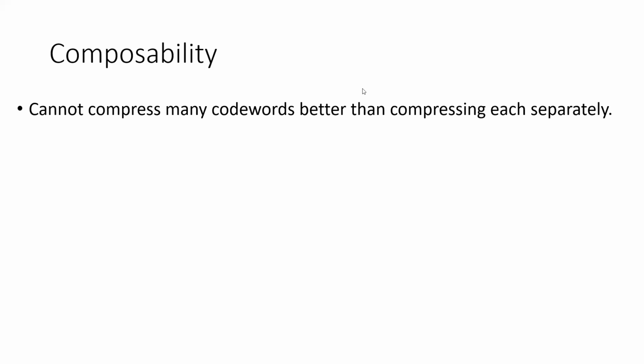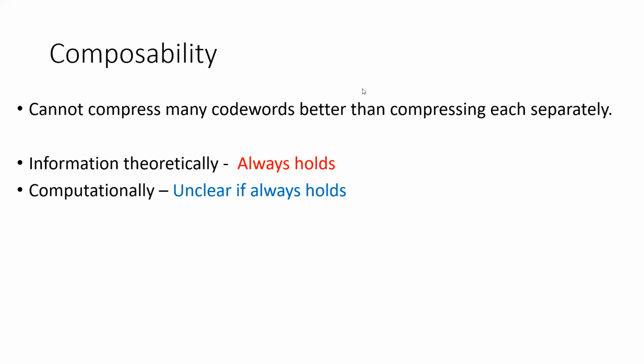And it's actually an interesting question. If we were in the information theoretic setting, then this always holds, essentially because Shannon entropy of independent random variables just adds up. So if you cannot compress something information theoretically below beta bits, and you take n independent copies of such a random variable, you cannot compress below n beta bits. But computationally, it's unclear if this always holds.